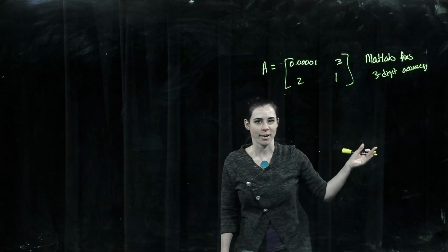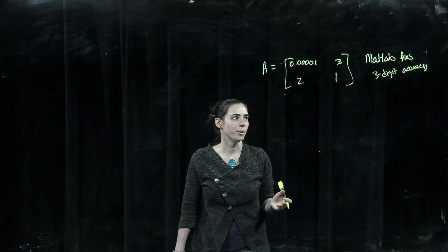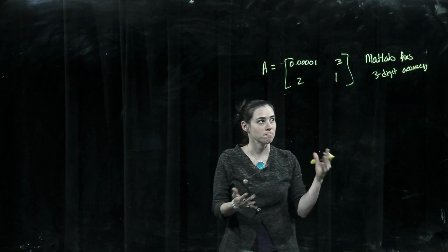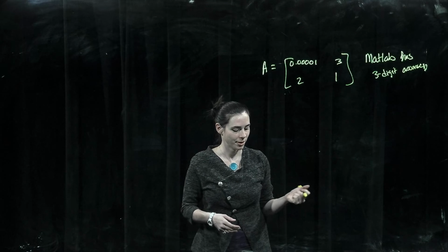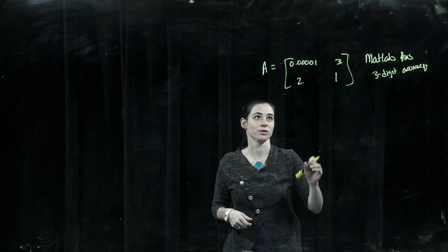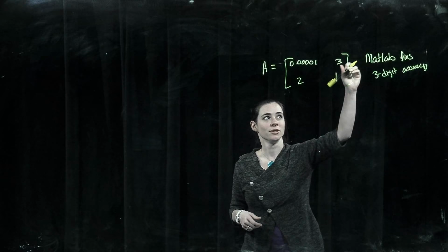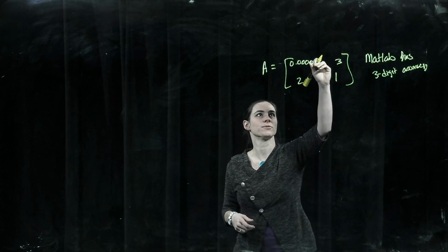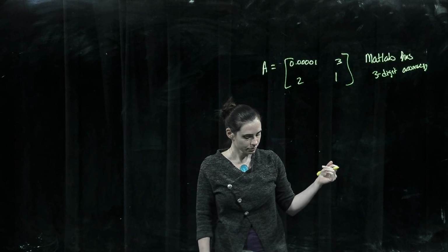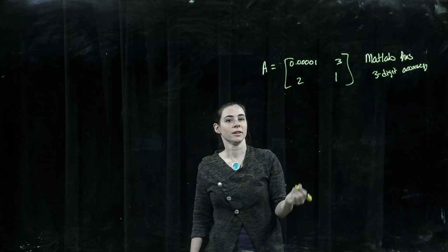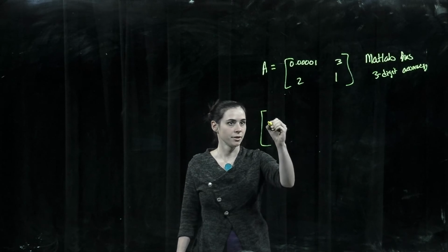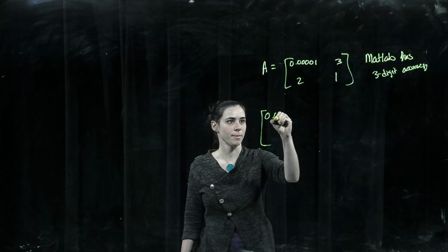So obviously MATLAB has more than 3-digit accuracy, but to show you where these type of rounding errors can come from, or how this can be a problem, let's just live in a world where there's 3-digit accuracy. So this would store 3 plus 2 digits following, 2 plus 2 digits following, and this 1 plus 2 digits following.